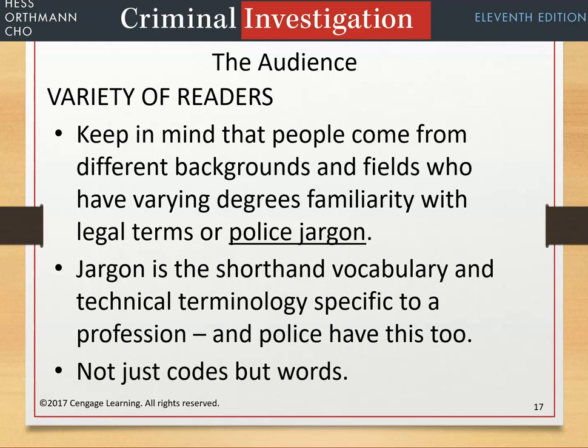Now, keep in mind when you're writing your reports, when you're talking about who's going to look at them, this audience, that people come from different backgrounds and different fields, who have varying degrees of familiarity with legal terms, or what the profession terms police jargon.